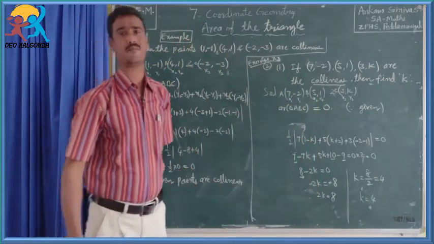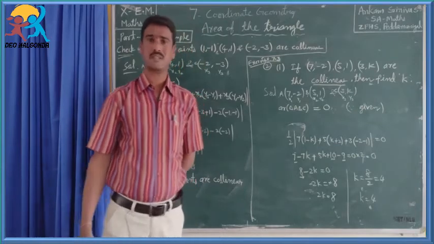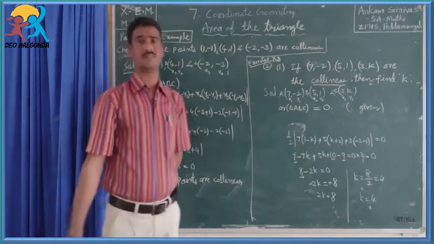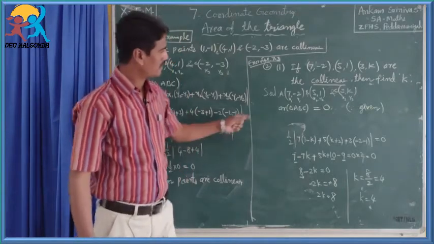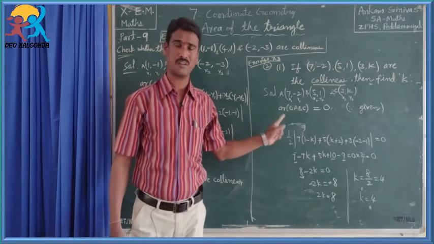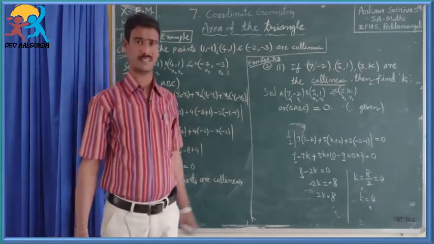Very easy problem. You may get this type of question for 2 marks. Sometimes it may be asked for half mark also. When the question is asked for 1 mark or half mark, you have to follow the crisscross method, the shortest method.